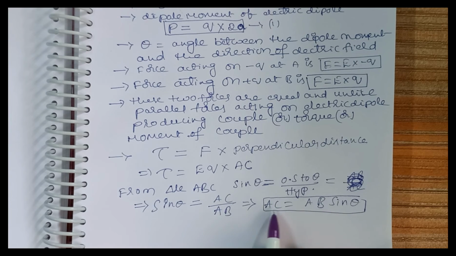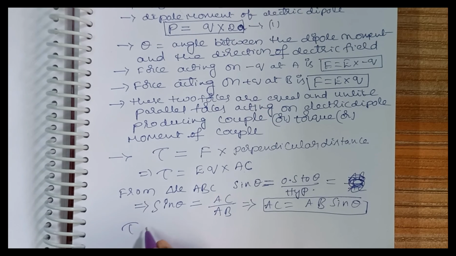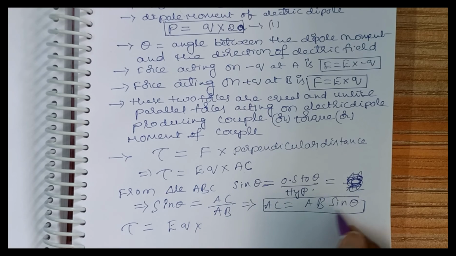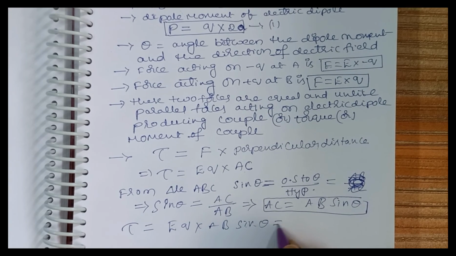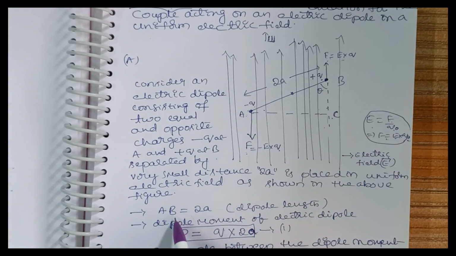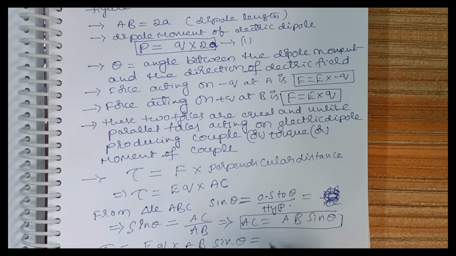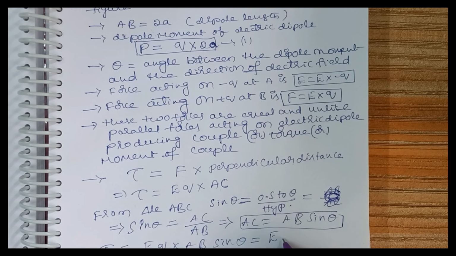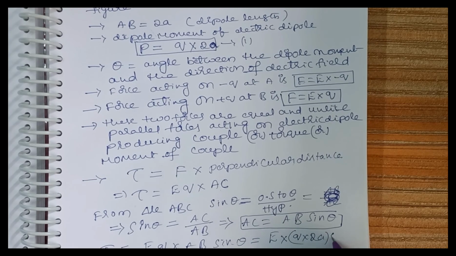Now substitute this in this formula. So you can get tau is equal to EQ into AC, which means you can write AB sine theta. But AB means the dipole length. Already it is written AB is equal to 2A. So it can be written as E into Q into AB, that is 2A, into sine theta.